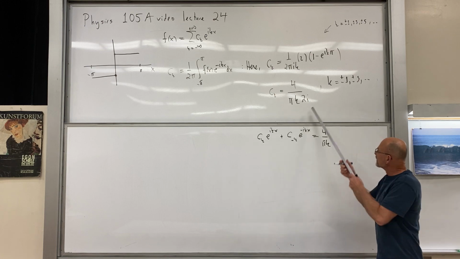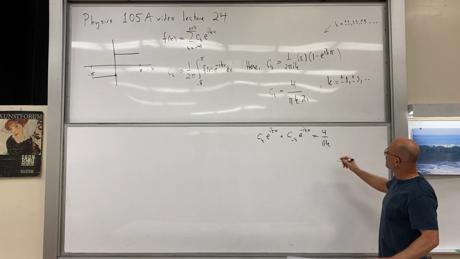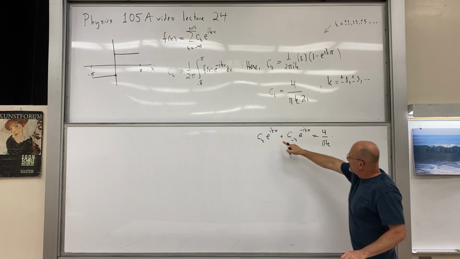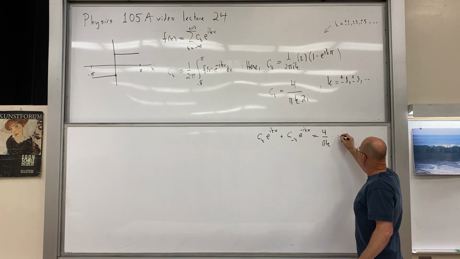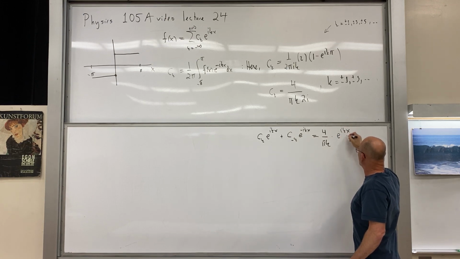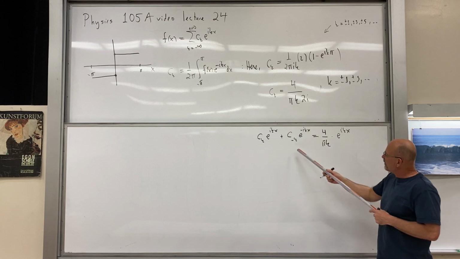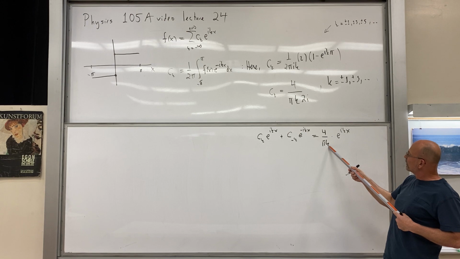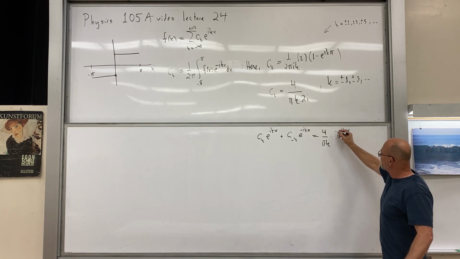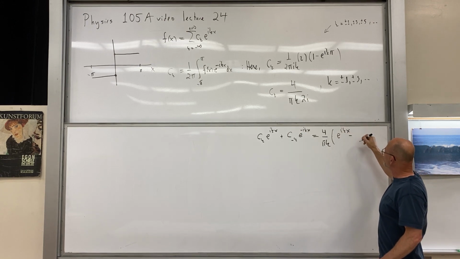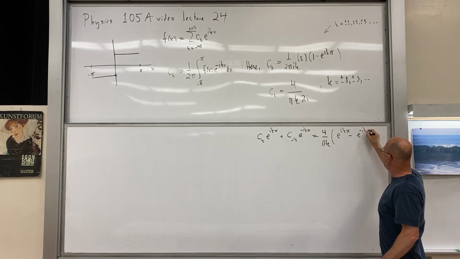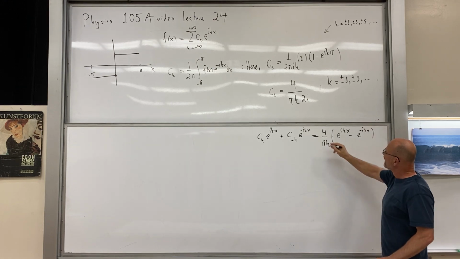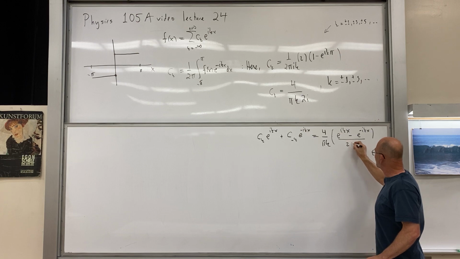Now the 2i I'm going to hold on to because it plays a role. So we have e to the I kx. But for the c sub -k, we have a negative sign out of this one. So if I factored it out, I have a minus e to the minus I kx. And I had that 2i left over.